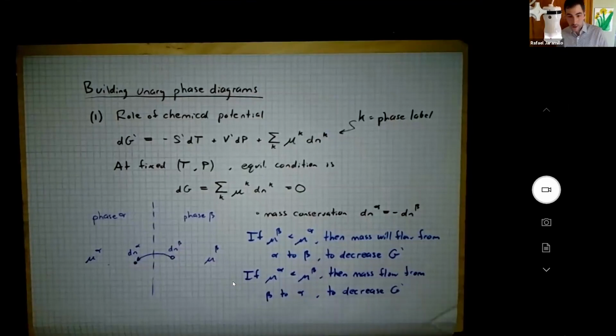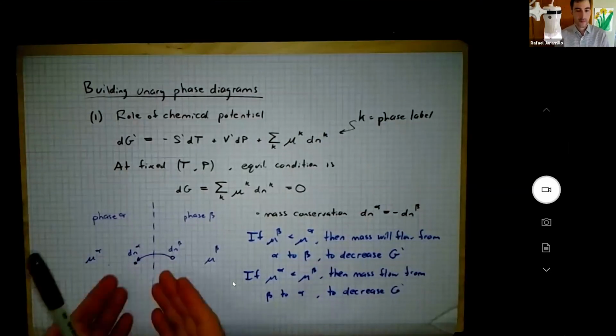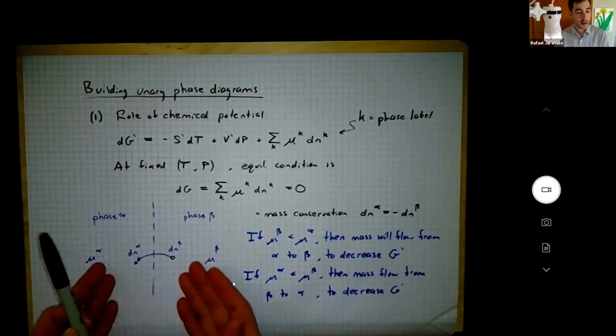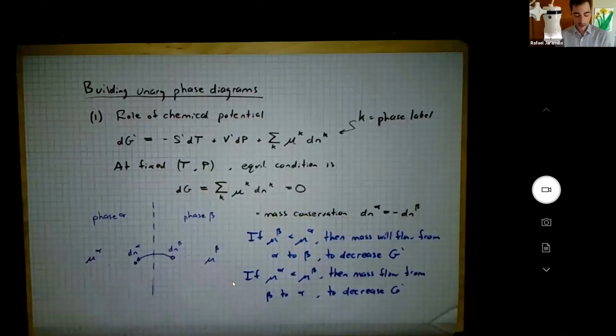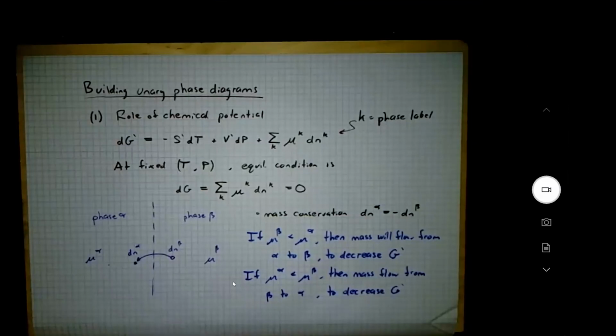So what's the one and only scenario in which the system undergoes no spontaneous change, where the two phases coexist without any net flow of molecules from one phase to the other? Mu alpha equals mu beta.